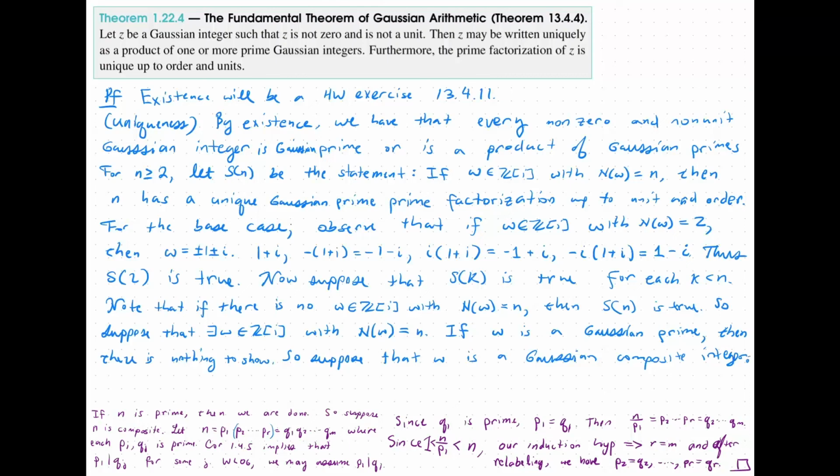And so notice that where we are now is where we left off in the proof. In the original case for the integers, we had if n is prime, then we are done. And then we supposed that n was composite. And so now what we are going to do is suppose that we had two different prime factorizations for our W in this case.